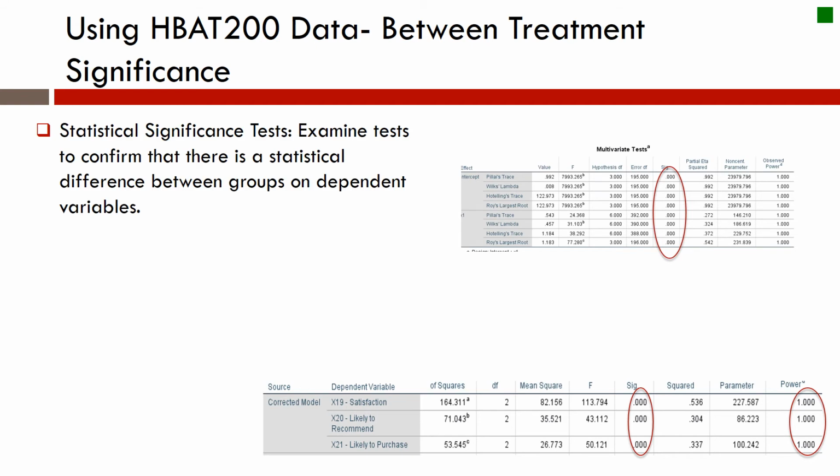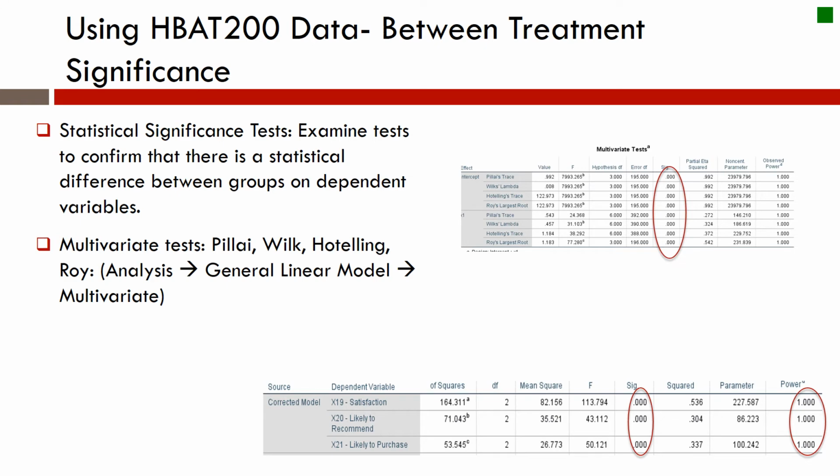So next, we're going to actually run the analysis. And as we're doing this, again, I'll pull this up. Remember, we're going to do analysis, general linear model, and then multivariate. And again, what we're looking for are the multivariate tests specifically that were run, and then we're going to look at the univariate tests as well.